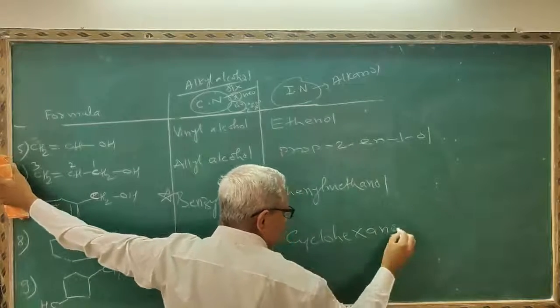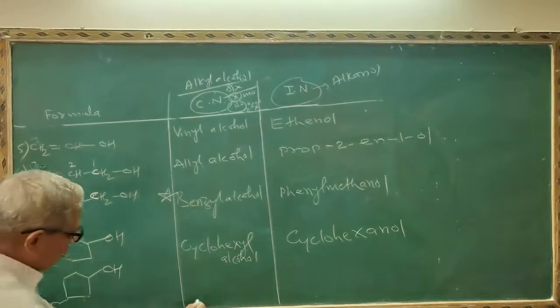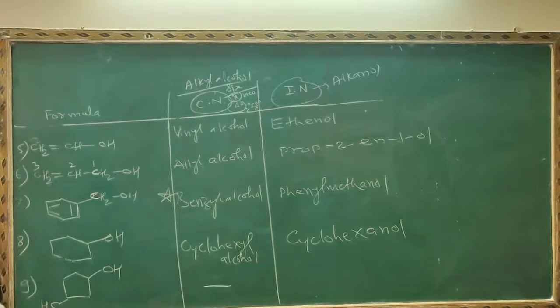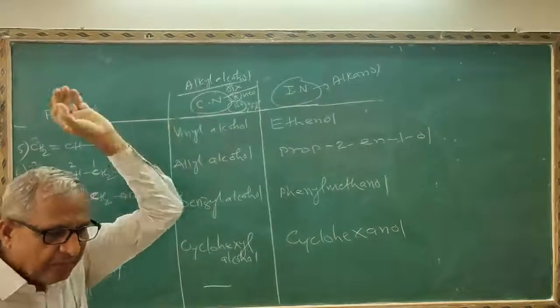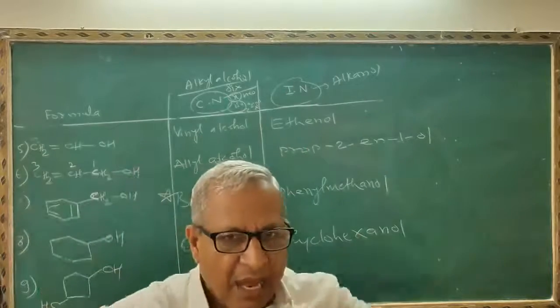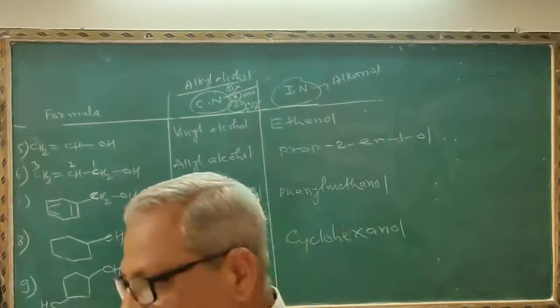Suffix e is replaced by ol, therefore it is cyclohexanol. Now see here, it contains 5. In this case, no common name; common name is not possible. This example indicates that the IUPAC system is more preferred than the common system, because all the compounds are named by the IUPAC system and not by the common system.